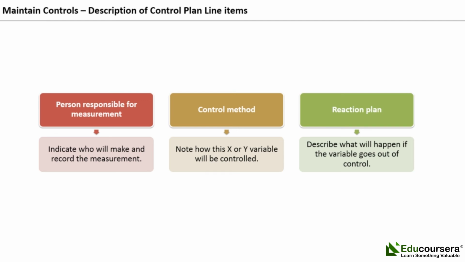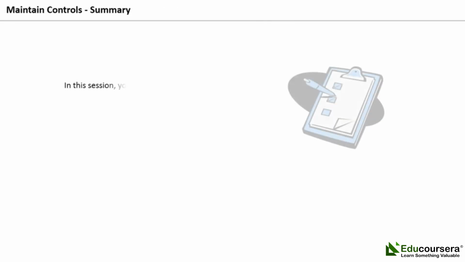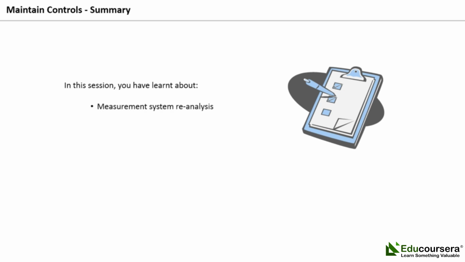The control plan must show compliance and control before project closure. A successful control plan will remain a living document to ensure that the benefits of the project will be fully realized.